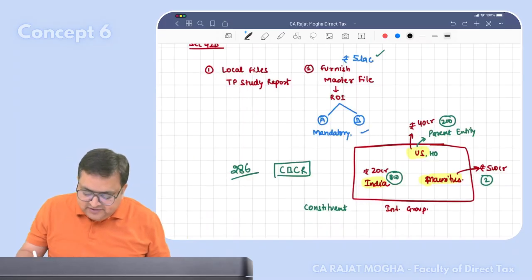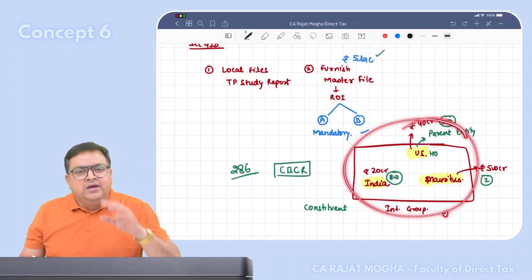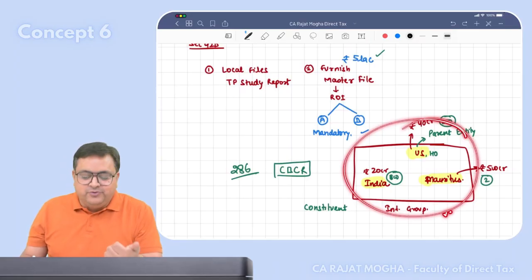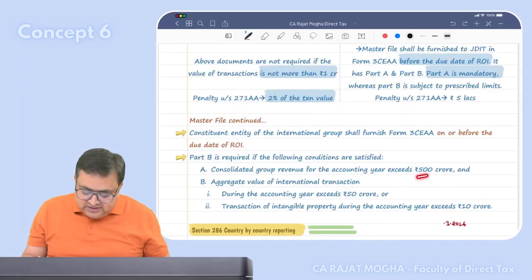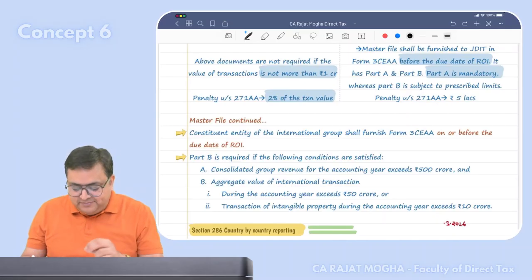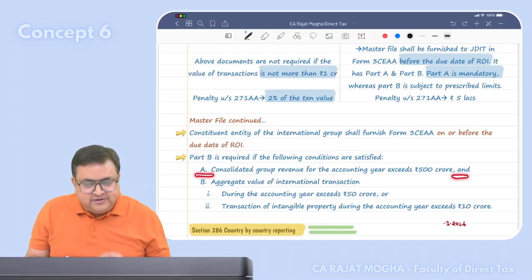If, for example, this is a small international group with total consolidated revenue of less than 500 crore, then part B is not required. Only part A is required. But if it has a consolidated group revenue of more than 500 crore, then part B is also required, plus, plus, plus. This is the first part.